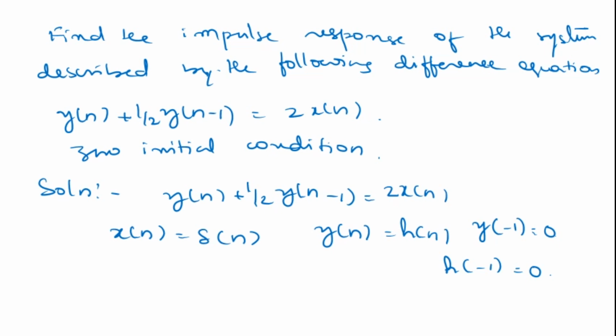So substituting these values in the given equation, we get h of n plus half h of n minus 1 is equal to 2 into delta of n.